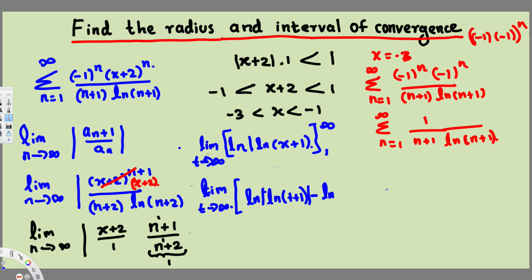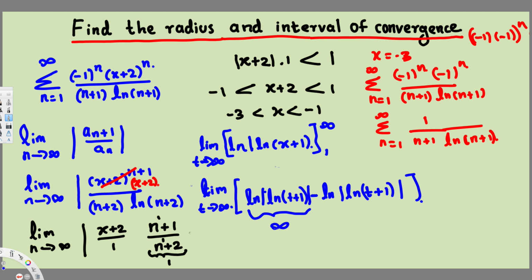So minus ln, again we have to put ln of t plus 1, right? So here what we are going to do is substitute infinity and then 1 again, right? So if you substitute infinity for this one, this value is going to be infinity.